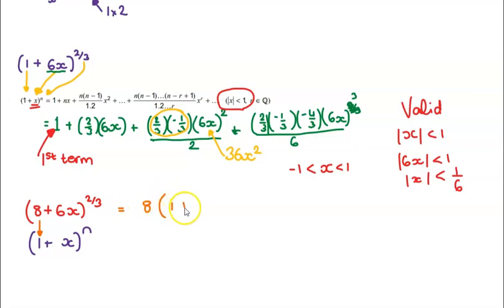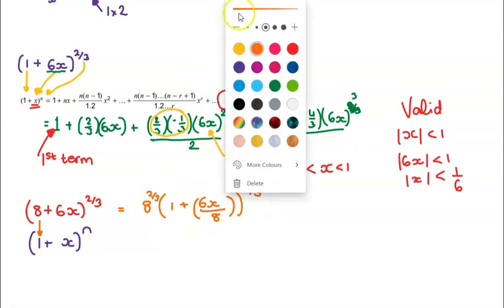We divide all our terms inside the bracket by 8 and take that 8 outside. Of course that isn't an 8, it's an 8 to the power 2/3. So we need to make sure we pop that power of 2/3 on that 8. Whatever number you divide by inside this bracket, you need to pop the same power onto that number, otherwise you're altering the value of it, you see.